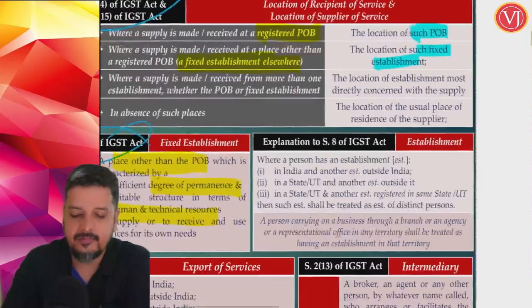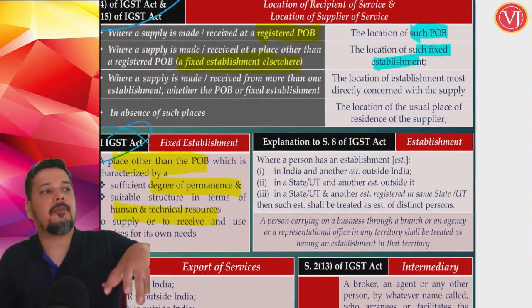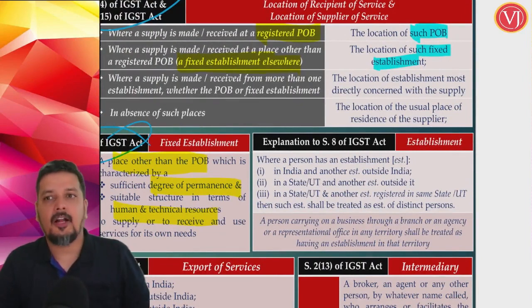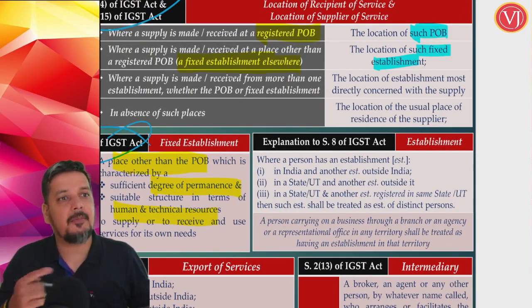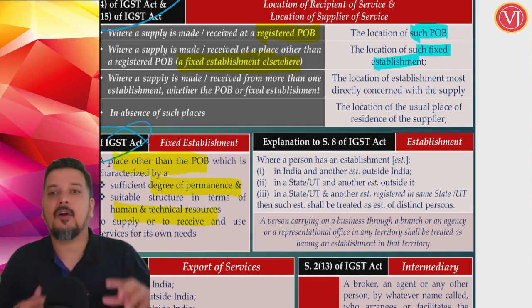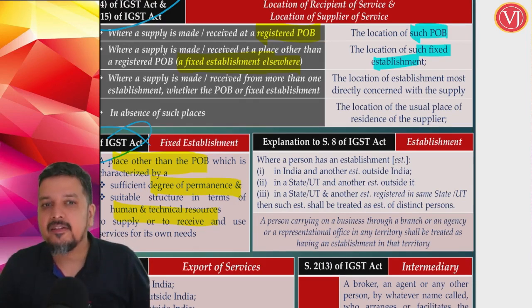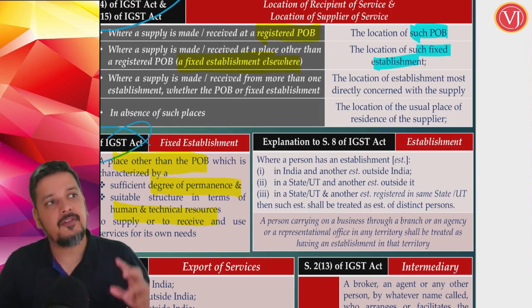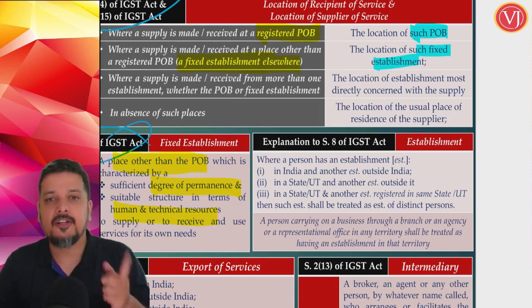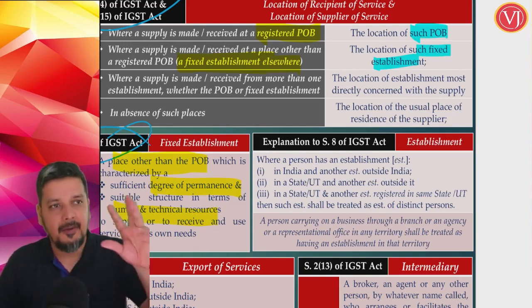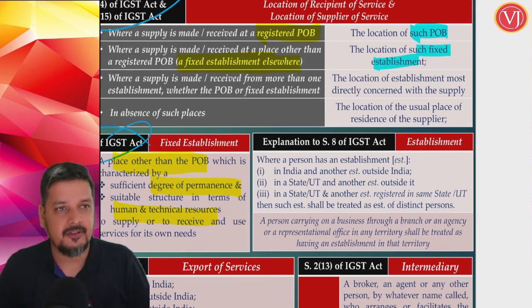The reason is, an additional place of business can be there in the state, but now you can have your main place of business in Delhi, and a fixed establishment in Coimbatore. They cannot be called principal place of business and additional place of business because they are in different states. Each of those places will be a principal place of business for that state. Therefore, they changed the language to main place of business and fixed establishment.